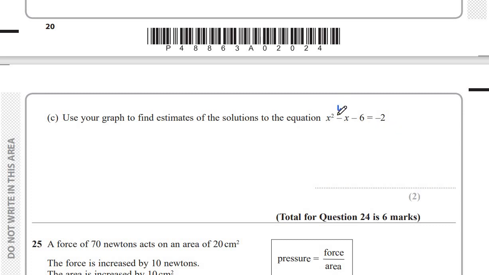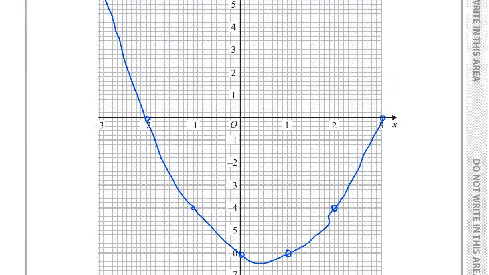So this was our y, and we have that equal to -2. So basically y equals -2. So we need to draw a line at y = -2 on this same graph. So here is -2 on the y-axis. You have to take your ruler and draw a nice straight line that intersects with the original curve, and these are the solutions for that new equation.